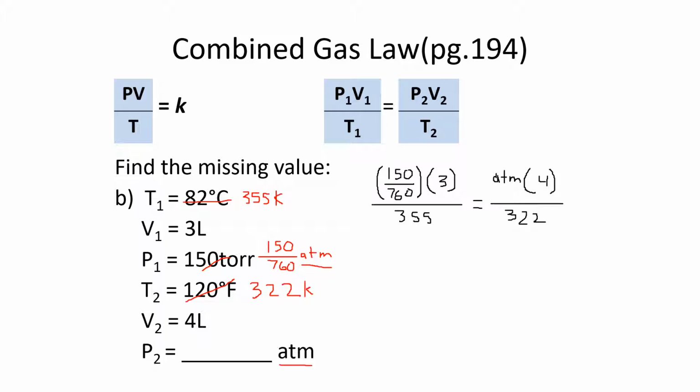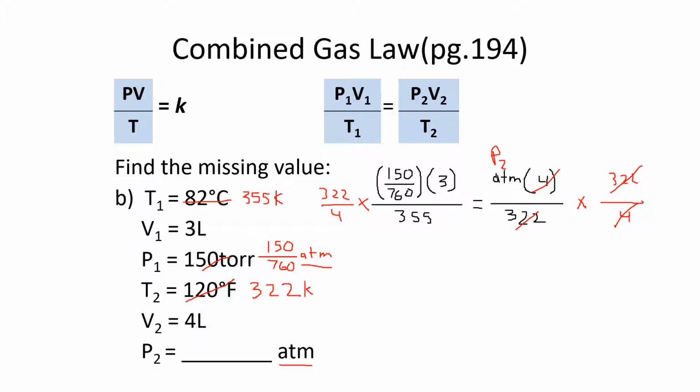So we'll plug in our values. We got P1, V1, T1. P2 is what we're solving for, V2, T2. Again, to get P2 by itself, we multiply both sides by this reciprocal, 322 over 4. And we multiply this side by the same thing. Right, this cancels out, this cancels out.